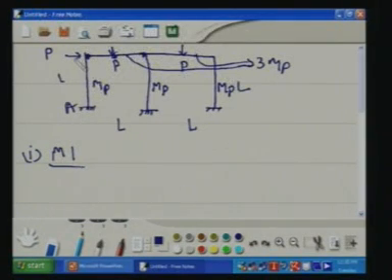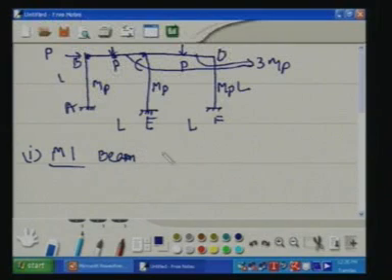If you give the nomenclature A, B, C, D, E and F. Okay. So, in panel BC the beam mechanism is there. So, this will be the mechanism and this angle is theta and this will be equal to 2 theta.